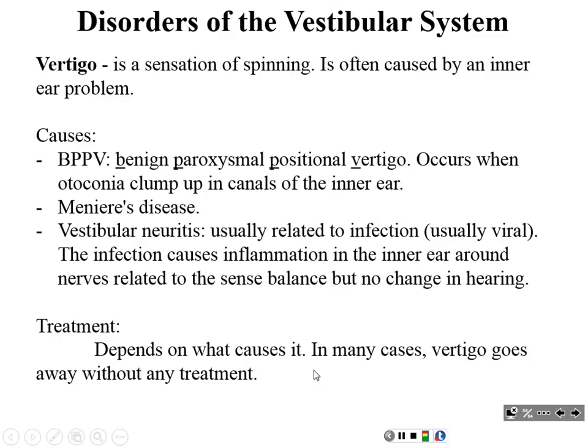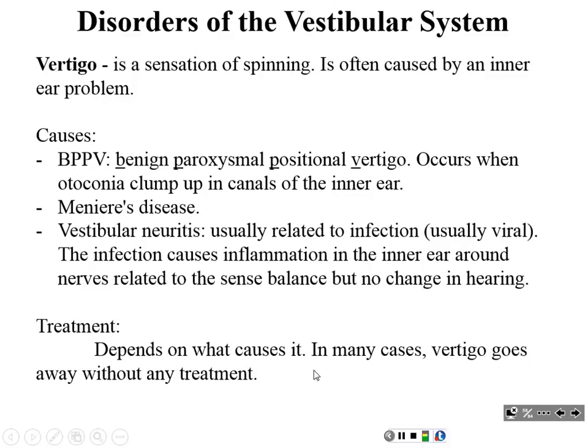Vertigo. Vertigo is the sensation of the room spinning, and is often caused by an inner ear problem. One of the causes could be benign paroxysmal positional vertigo, or BPPV. And it occurs when the otoconia clump in the semicircular canals in the inner ear.